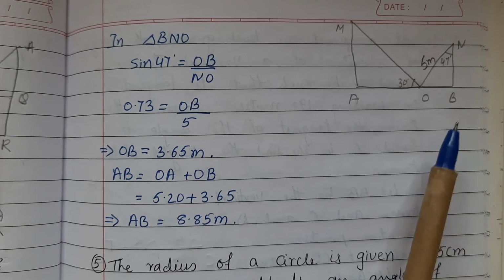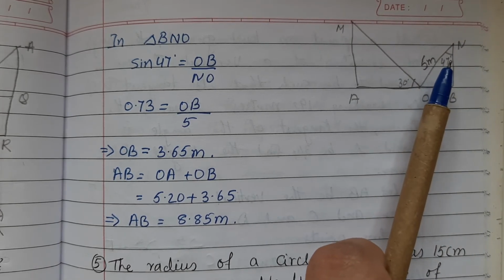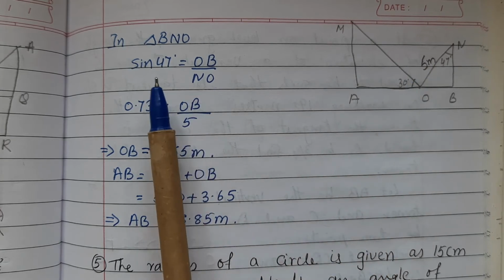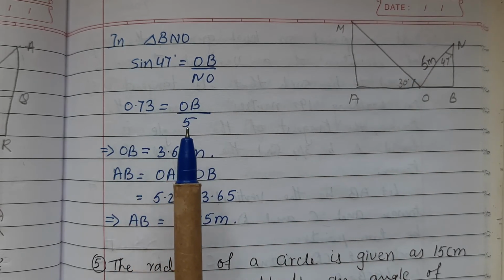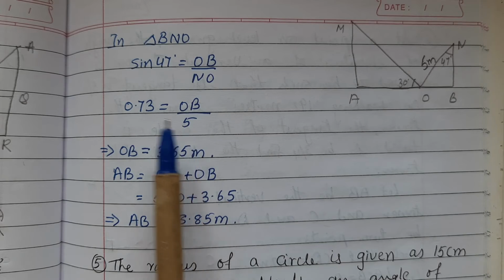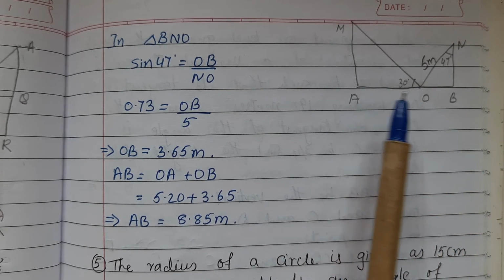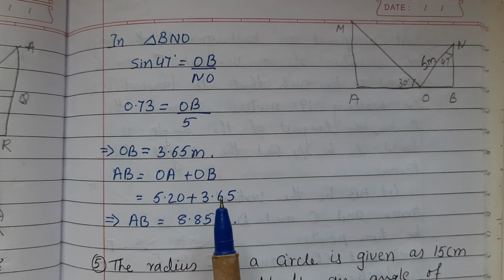In triangle BNO, sin 47 degrees is BO upon NO. Sin 47 is 0.73 equal to OB upon 5. Cross multiply. OB equal to 3.65 meters. AB equal to AO plus OB. 5.2 plus 3.65. AB equal to 8.85 meters.